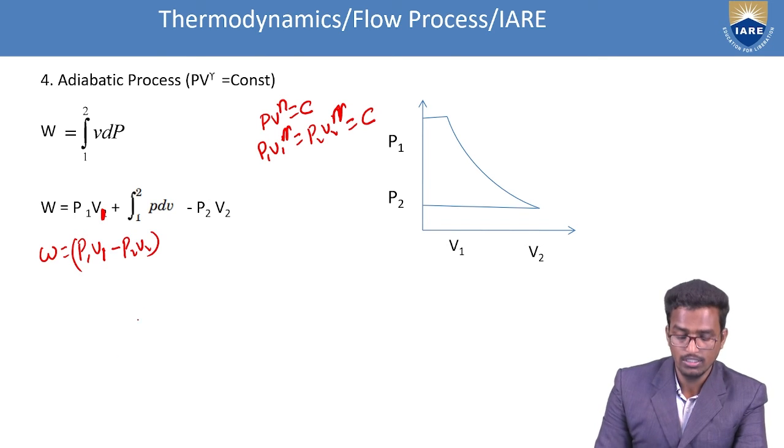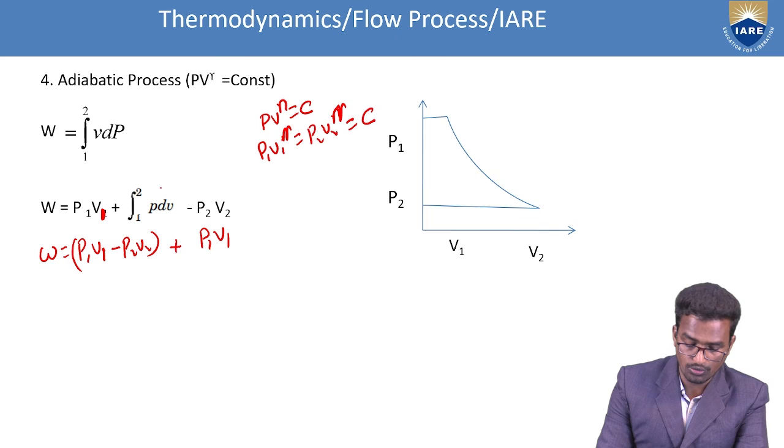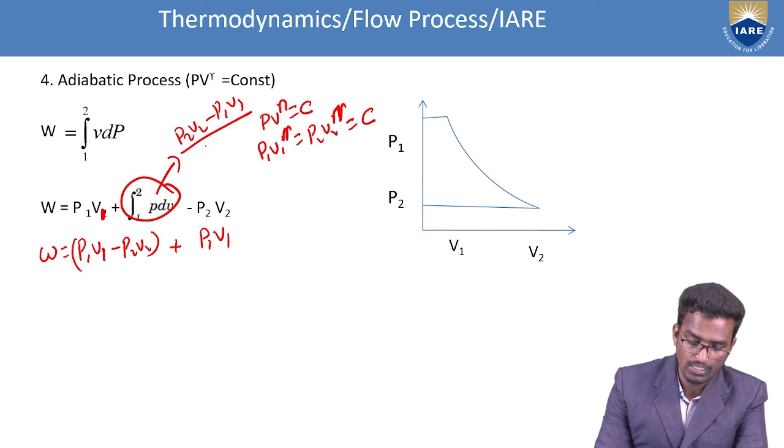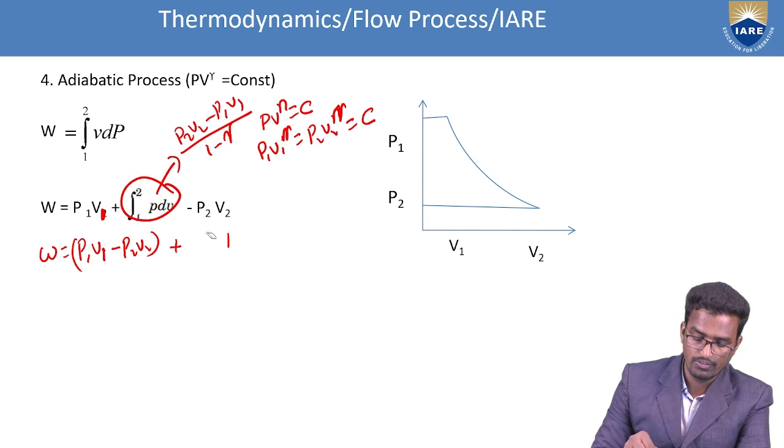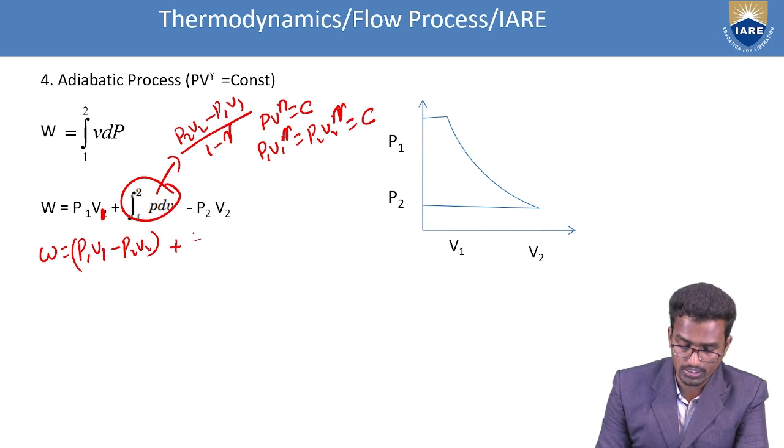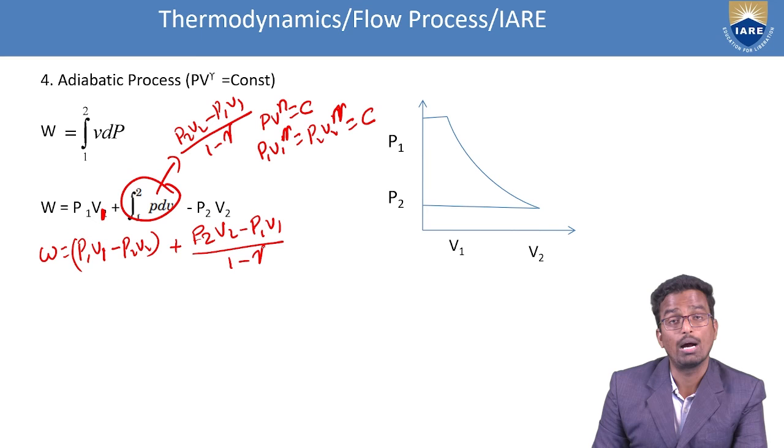Previously we got the value P2 V2 minus P1 V1 by 1 minus gamma, right?